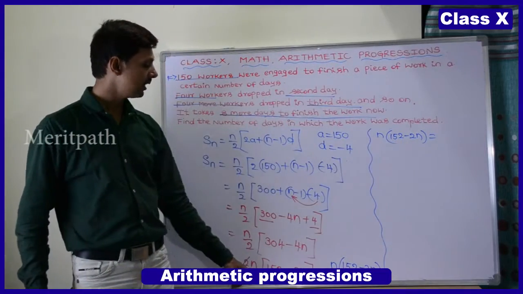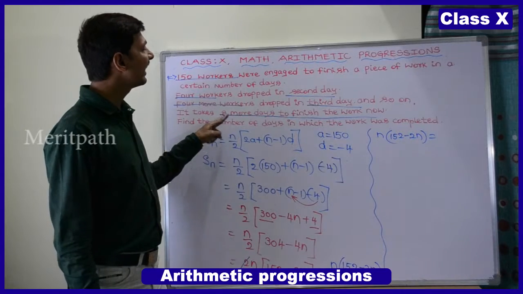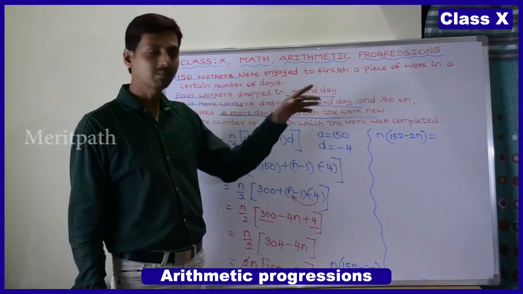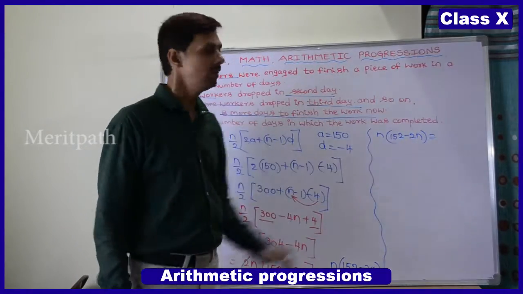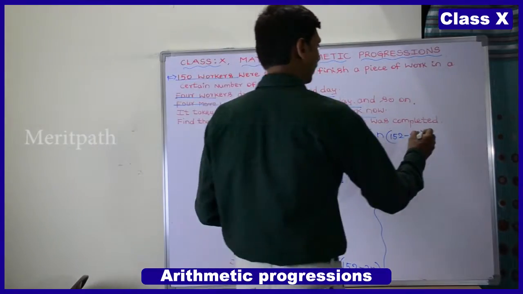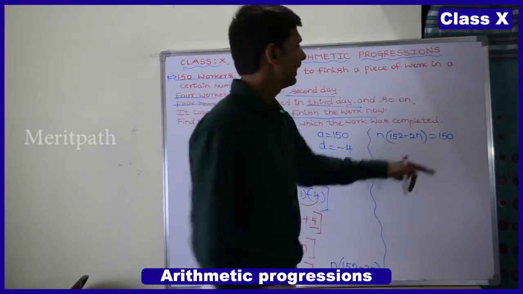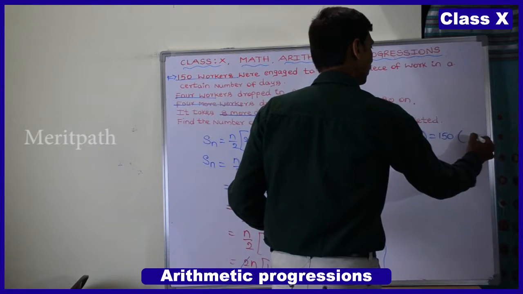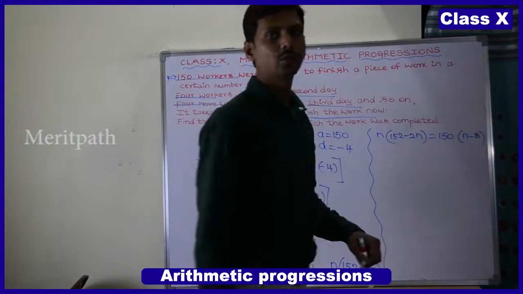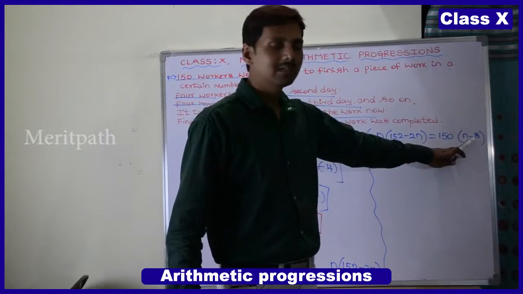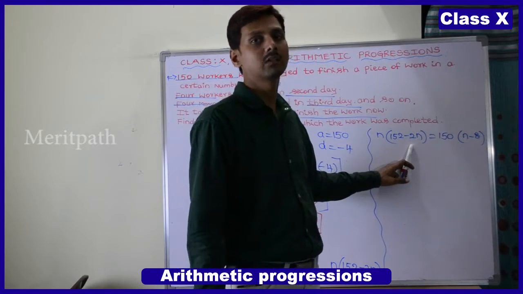Now the second condition: 8 more days to finish that work from now, at present. For 150 members, it is taking 8 more days to complete that work. So if we subtract 8, then it will balance to the number of days taken to complete this work.